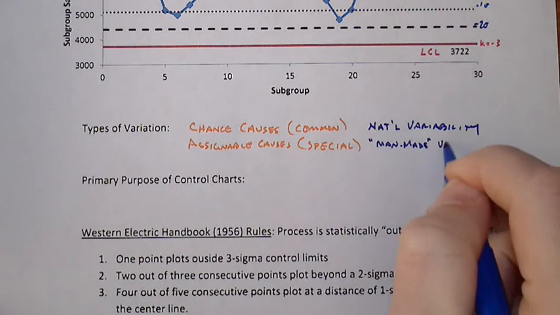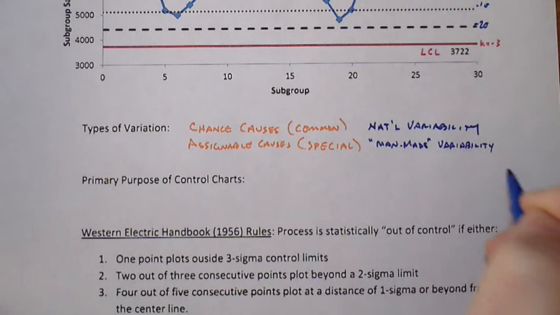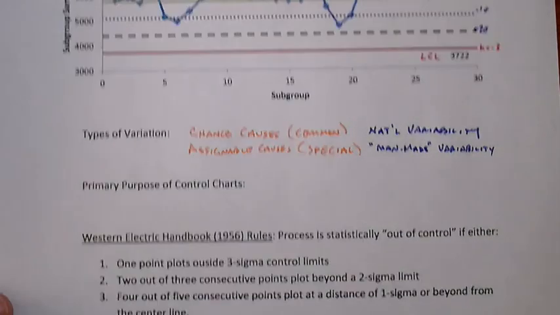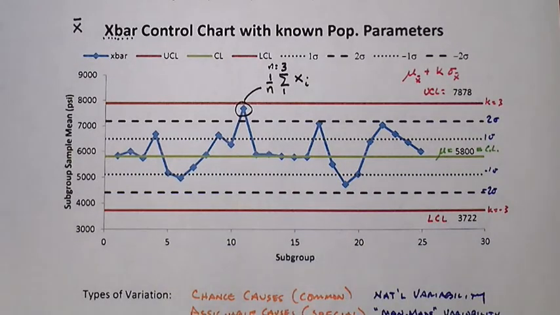variability. So for instance, if we change source of raw material, then we might expect to see a significant change in our process, and so that's a man-made, man-caused variability that we would like to know for sure, and we'll talk a little bit about how we ought to control that and ways we can do that. Other man-made variability might be associated with, say, the wear of a tool, right?